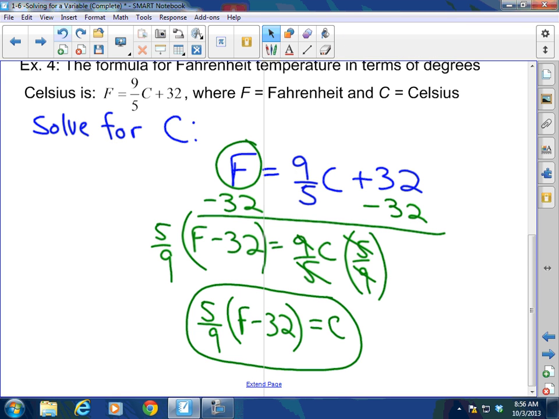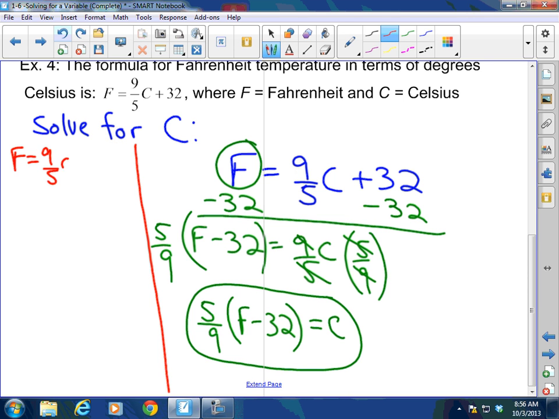Now, for those of you who don't like or don't want to learn or for whatever reason are afraid of using the reciprocal, this is another method you can use. F equals 9/5 C plus 32. You're still going to subtract the 32, my friends. So you have F minus 32 equals 9/5 C. You could do this.